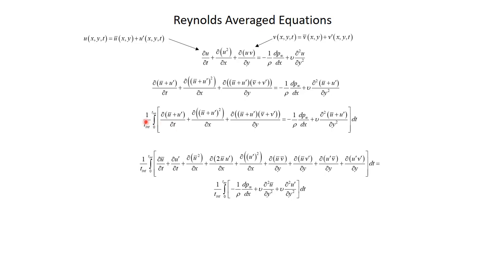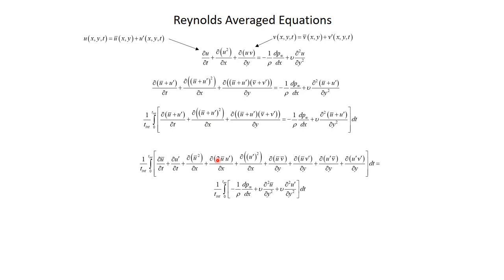So all I've done from here to here is just break this up into a whole bunch of separate integrals, right? So this is du bar d time. This is du prime d time. This I actually had to do the expansion. So this is u bar plus u prime squared. So this is the x derivative of u bar squared, and then I have a 2u bar times u prime.